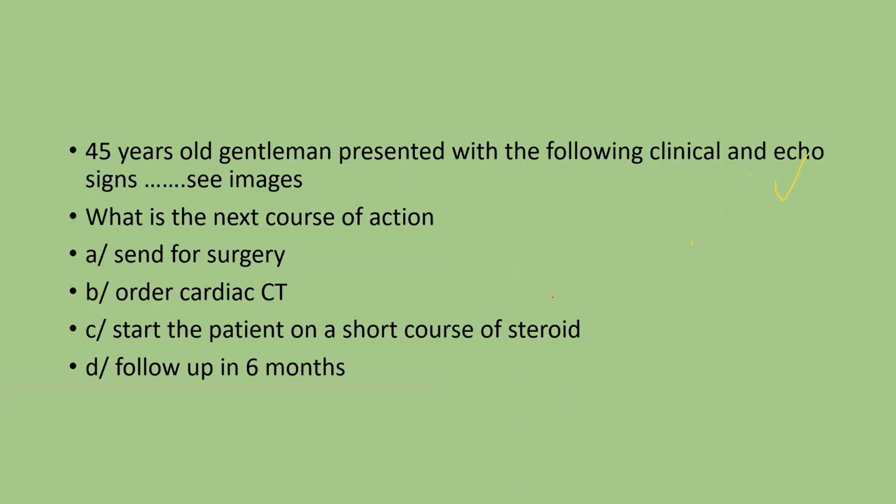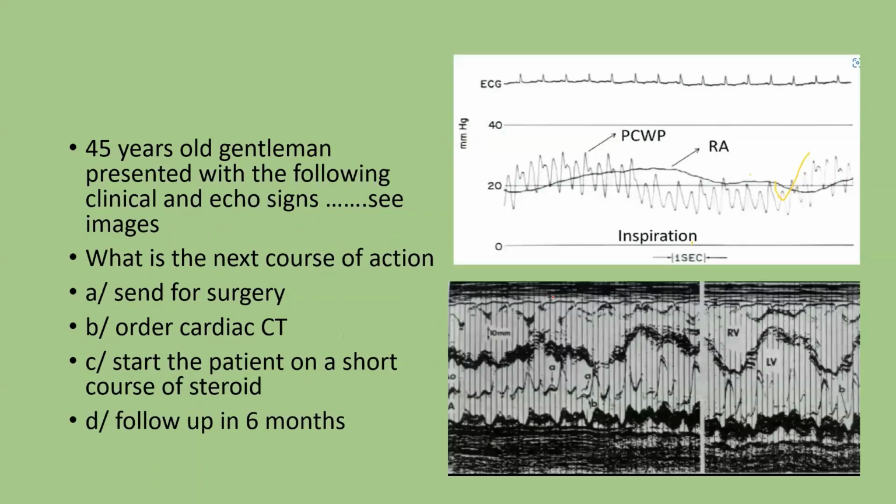Now, a 45-year-old gentleman presented with the following clinical and echo signs. I'm going to show you the images. Here you see we have Kussmaul's sign and we have septal bounce. So what is the next course of action? Send for surgery, order cardiac CT, start the patient on a short course of steroid, follow up in 6 months.